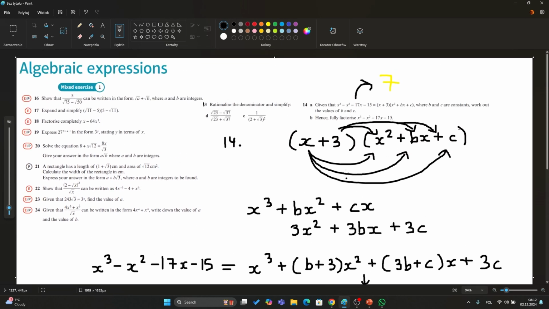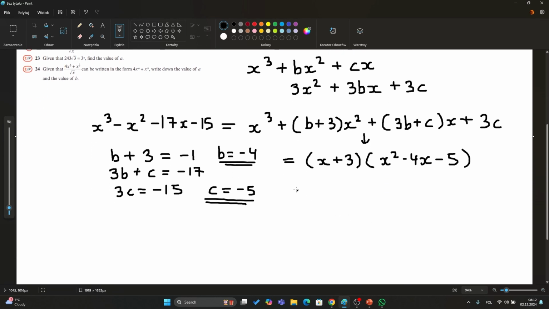Now it told us to fully factorize it, so what we do is we factorize this bit, so that is minus 5 and minus 4. That's 1 and 5 only, so this is minus 5 plus 1, because minus 5 plus 1 is minus 4, and minus 5 times 1 is minus 5.